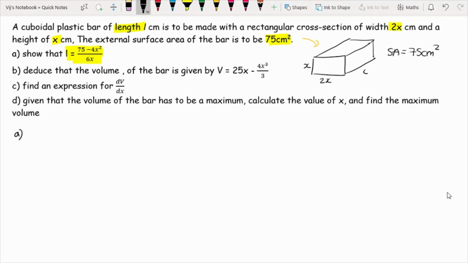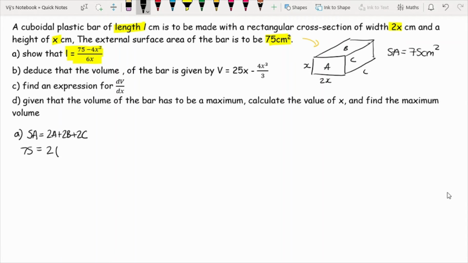Starting with part A, the surface area of this cuboid is where we add up all the faces. If I label the faces A, B and C, the surface area is 2 lots of A plus 2 lots of B plus 2 lots of C. We know that the surface area is 75.